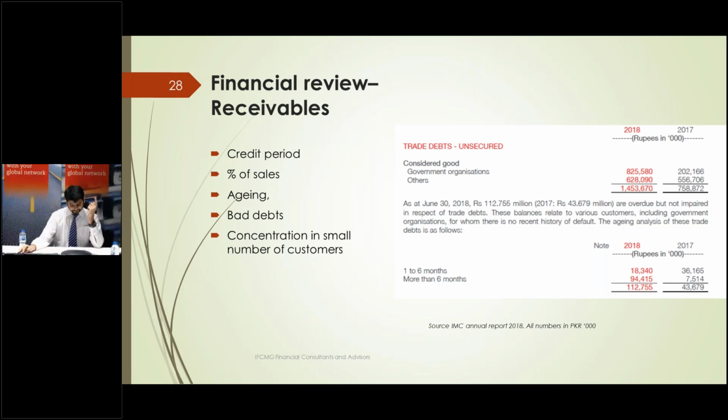That is a very good percentage because that means the company receives most of its cash in advance. So as a percentage of sales, it is very minimal.